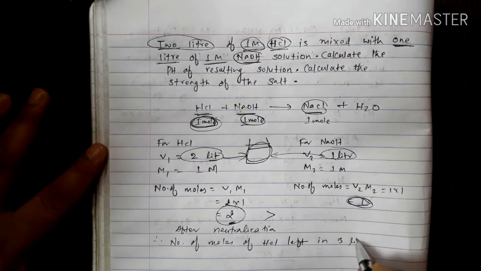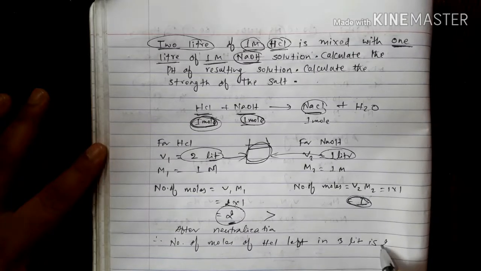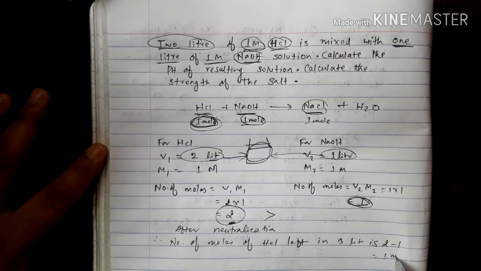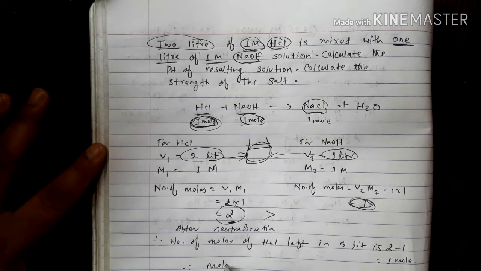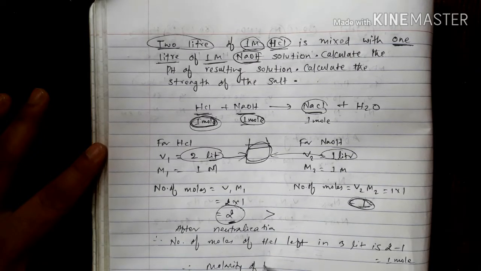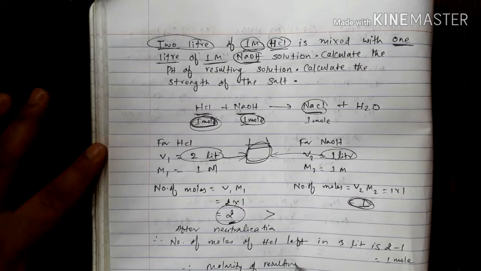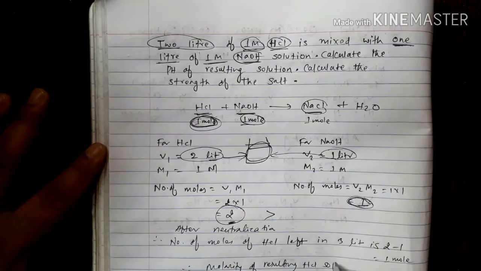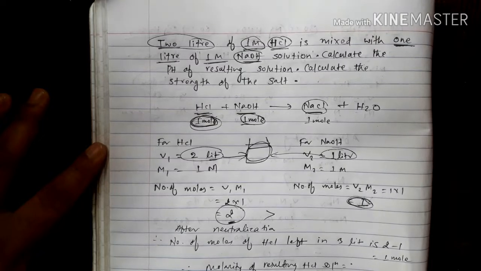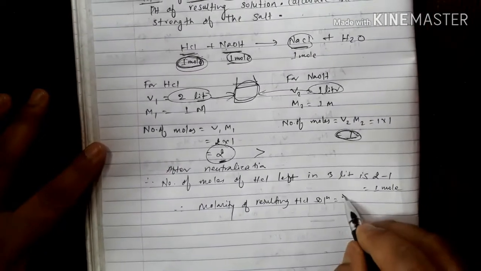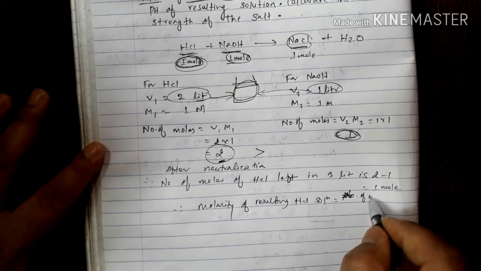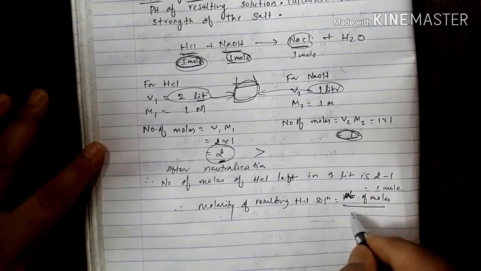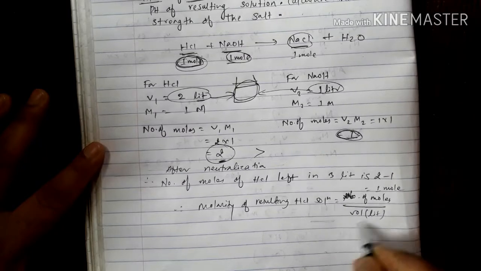That is 2 minus 1, which is 1 mole. Therefore, the molarity of the resulting HCl solution is, by the molarity formula, number of moles by volume in liter.